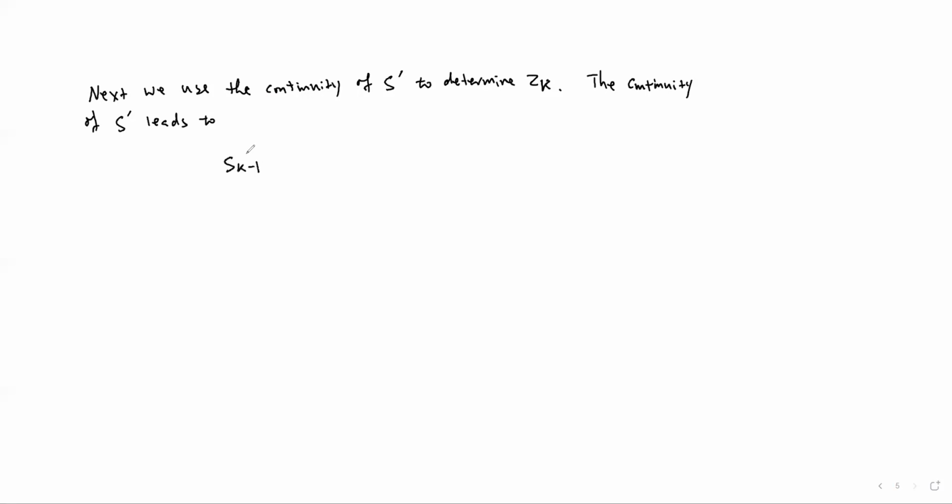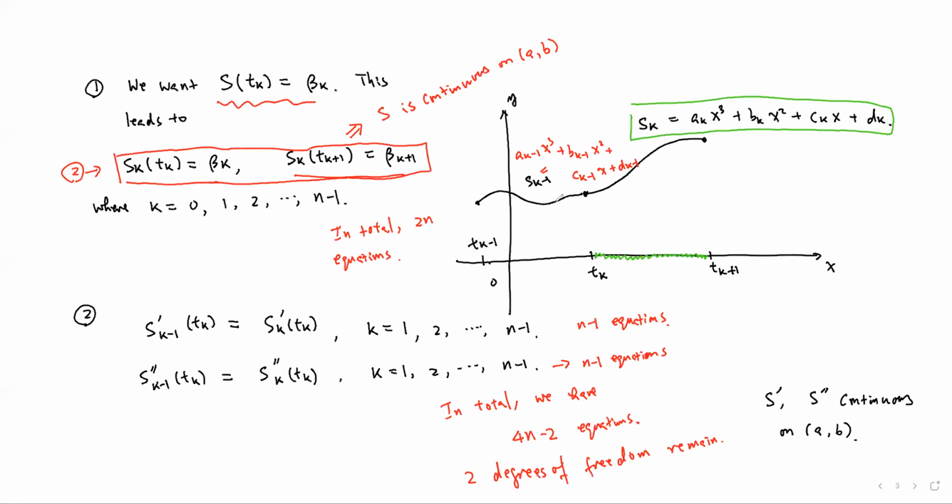S_{k-1} derivative. S_{k-1} is this portion, its derivative. S_k is this portion, its derivative. Because they're continuous, their values should be equal at t_k.